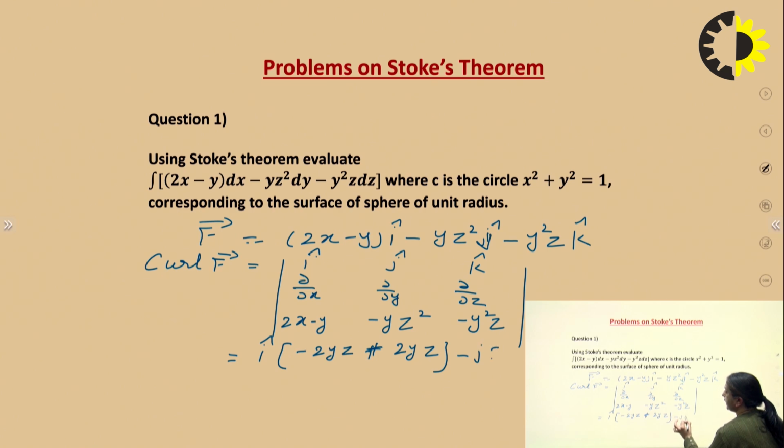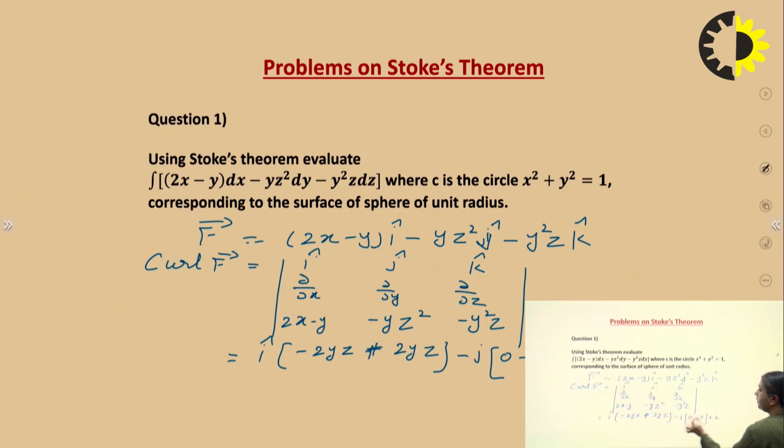Again, the second term, minus j cap, the derivative of y square z with respect to x will be 0, and minus the derivative of 2x minus y with respect to z will be 0.